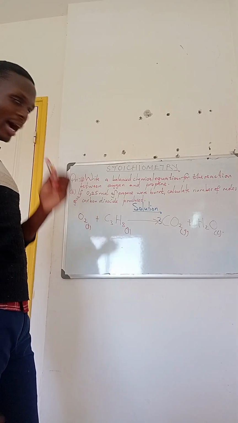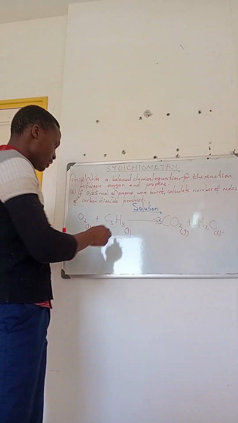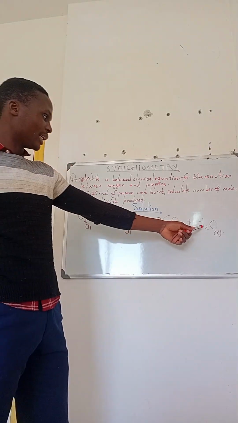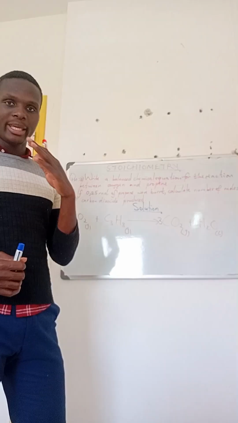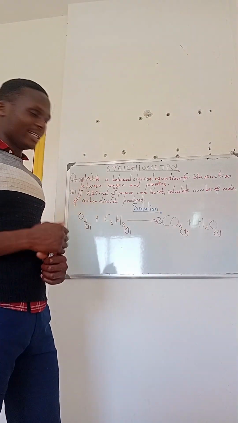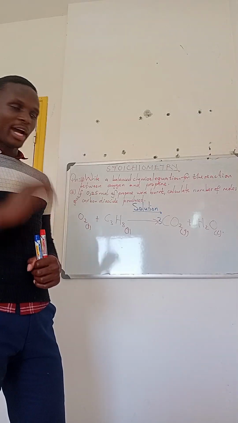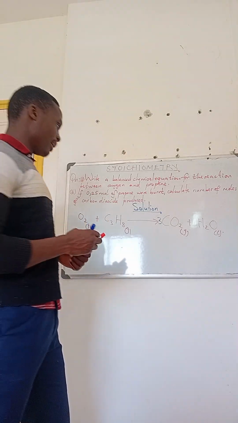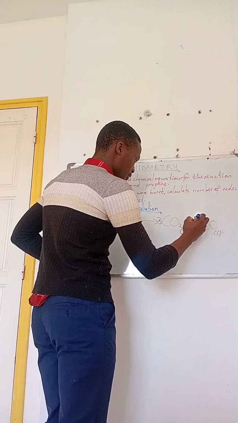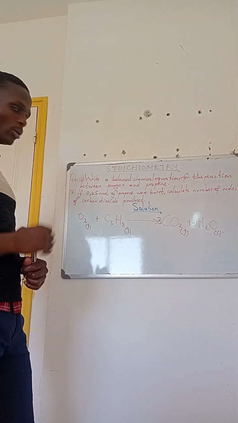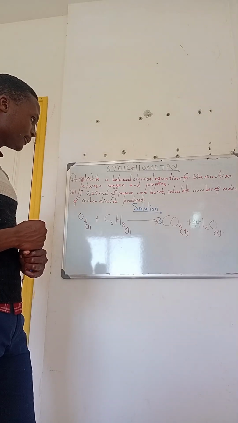Then for the hydrogen atoms, we have got 8 on the left hand side. So we want to make sure that on the right hand side there are also 8 atoms. But for each water molecule, there are 2 atoms of hydrogen. So to make them 8, we multiply it by 4. So there must be 4 molecules of water which are produced.